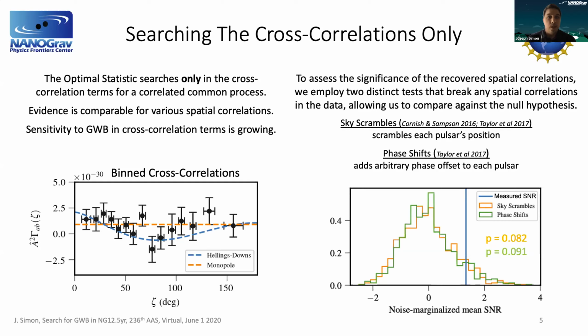One of the other things that we're starting to do is test the significance of our statistics, and we are doing that by comparing against various null hypotheses, and we do that by breaking any true cross correlation in the data set.